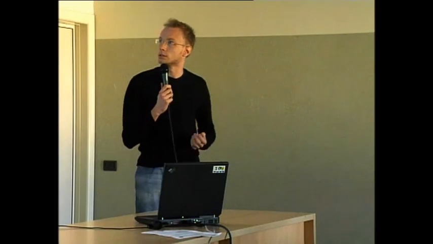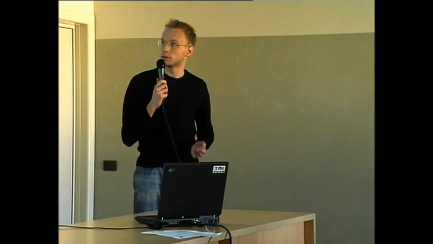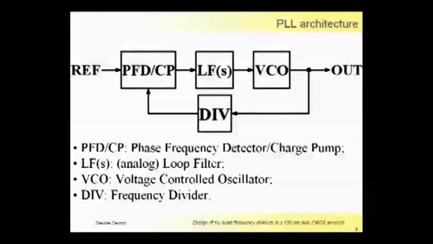The PLL can be represented simply as depicted in this slide. So we have the PFD block, which determines the phase and frequency differences between the reference signal and the feedback signal. Then the output of the PFD charge pump block is averaged by an analog loop filter, and this generates the tuning voltage for the voltage controlled oscillator.